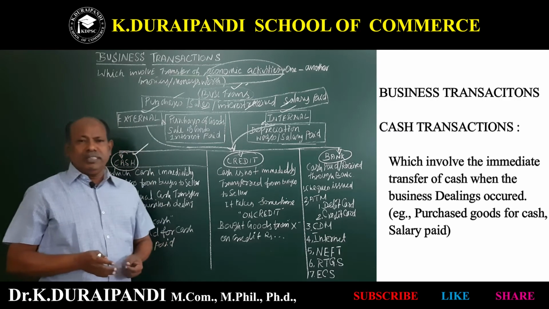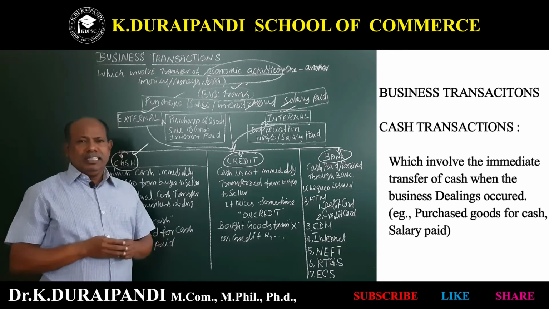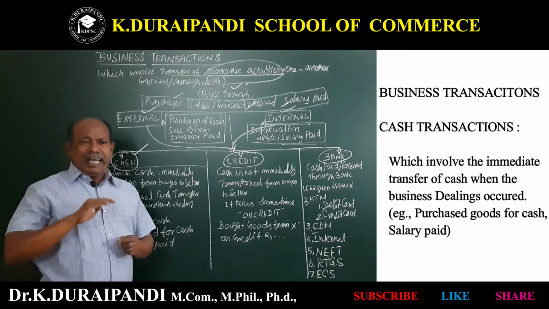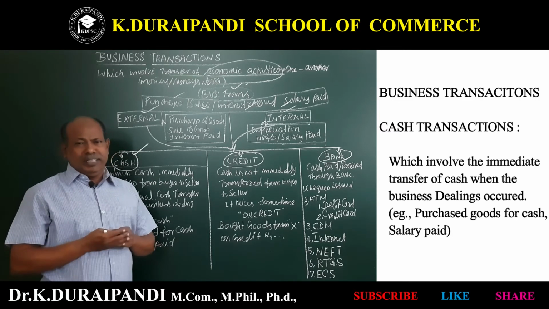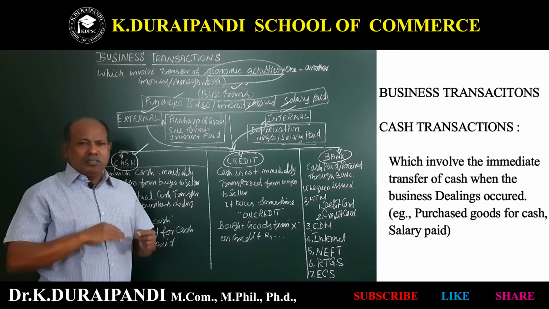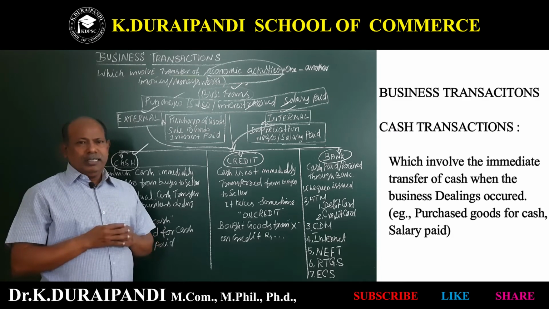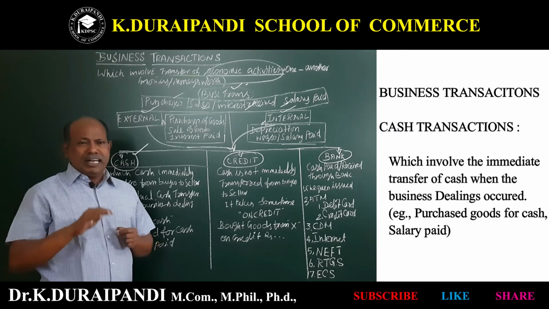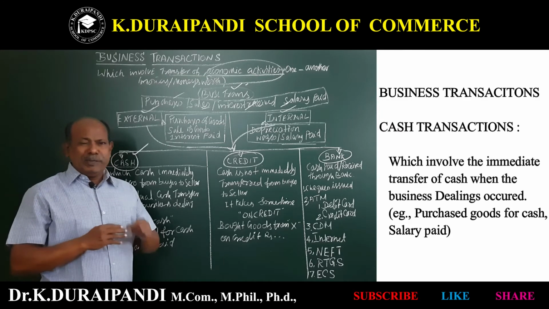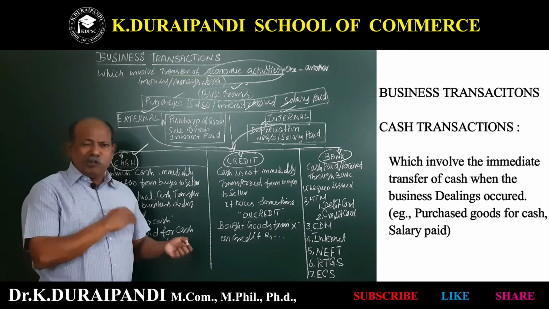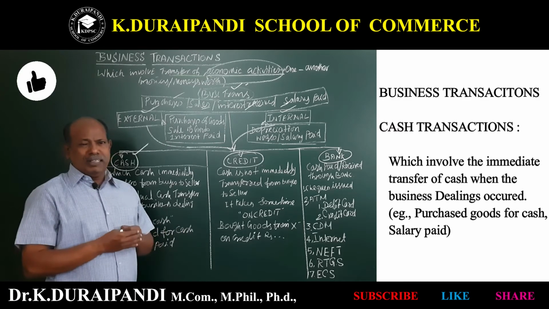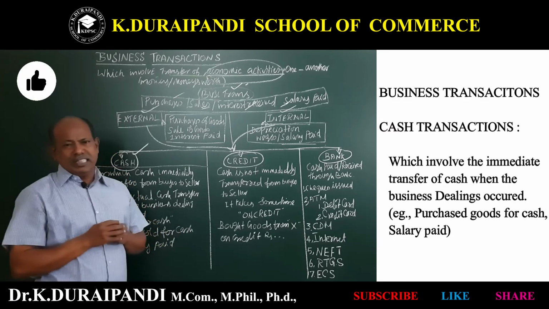It is a transaction in which cash is actually and immediately transferred from the buyer to the seller. When the business transaction occurs, actual cash is immediately transferred from one person to another person. That is called a cash transaction.